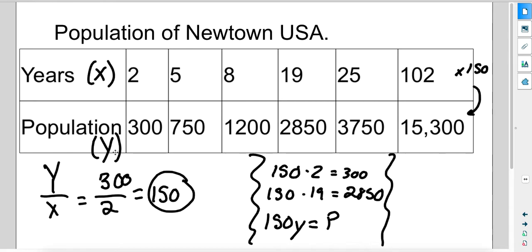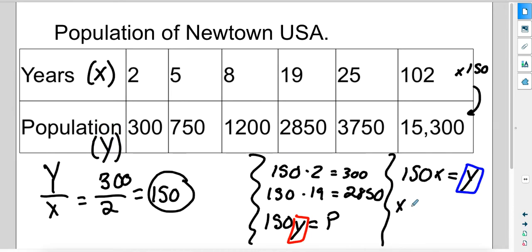Or you can use your x and y variables just like this, and you can see that the 150 times your independent variable of years is equal to your population, which is y. Now I do want to note that this y and this y are not the same, because this just happens to be my dependent variable.